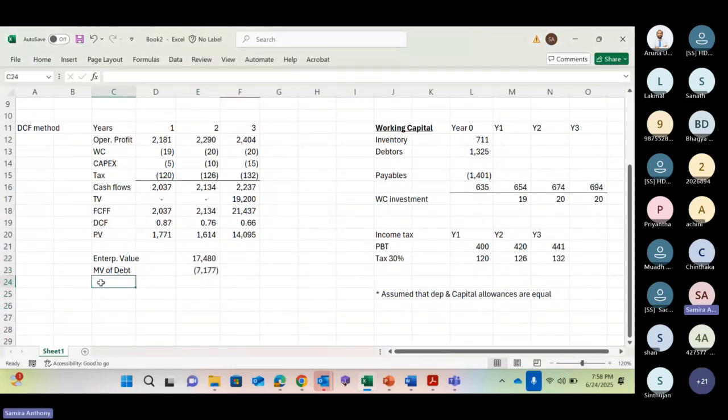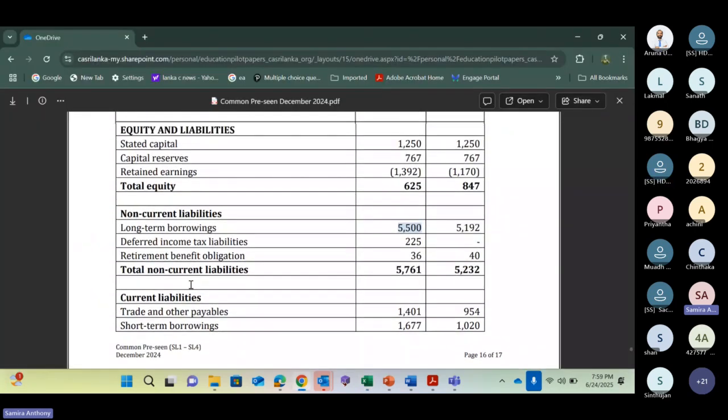Then you need to add back cash. We have not considered finance income, therefore financial assets you have to add, and we have not considered associate cash flows also. Therefore, investment in associates also you need to consider here. Either cash flow, either asset, whatever you need to consider. Only one out of two, right? Going back to here, cash balance.